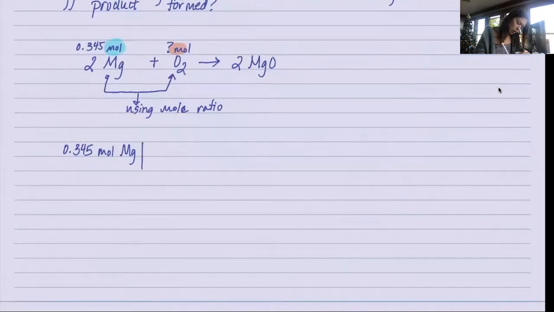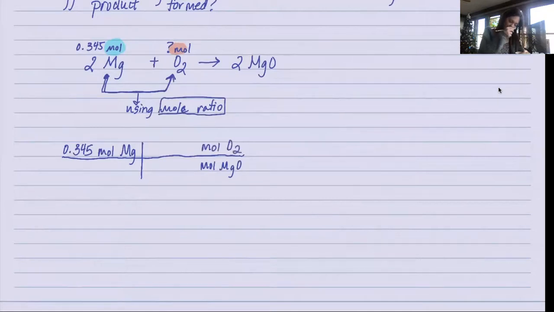Draw your T-chart. Same rules apply. What needs to go on bottom? What we have, our unit that we have. What are we looking for? Well, we are going from moles of magnesium to moles of oxygen. I can do that by using my mole ratio. So I'm going to write moles of O2 up here.